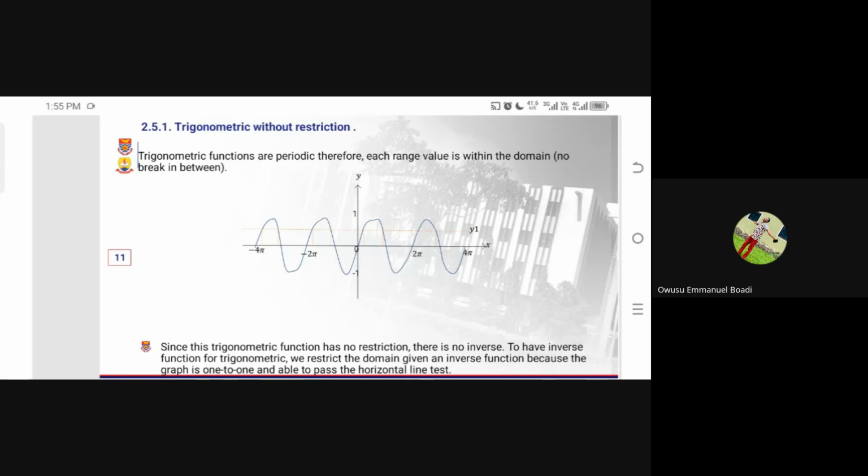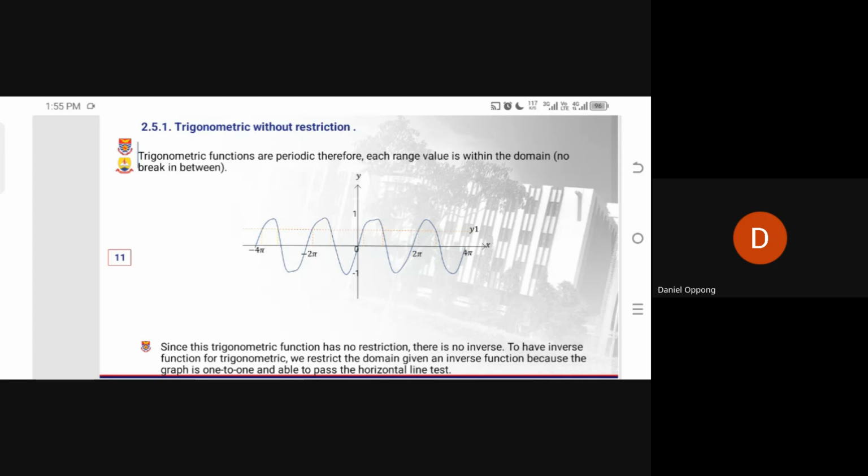Since the trigonometric function has no restriction, there is no inverse. If a function is not one-to-one, it won't have an inverse.